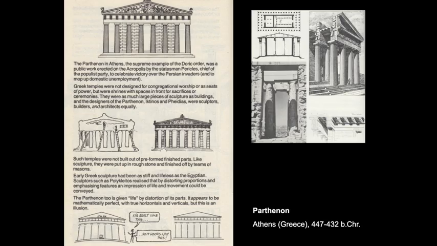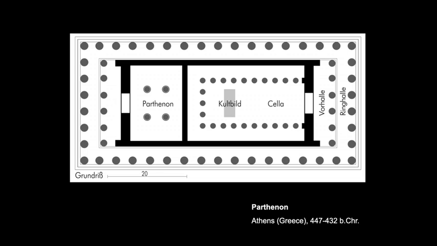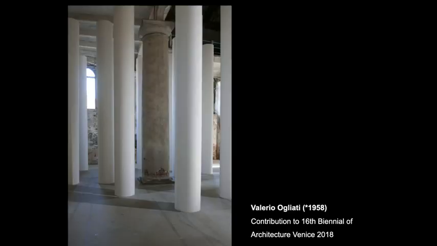Just let me give you a brief summary of what we talked about so far. We talked about ancient Greek architecture, about structures, columns, beams, spaces in between the columns, as we see it now in the Valerio Ogliatti contribution to the Biennale of Architecture in Venice.